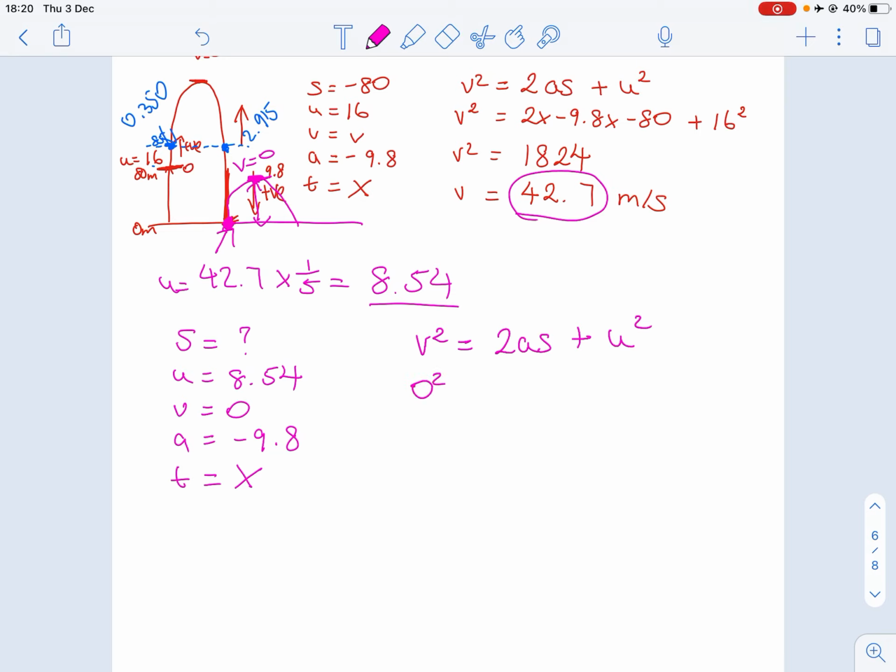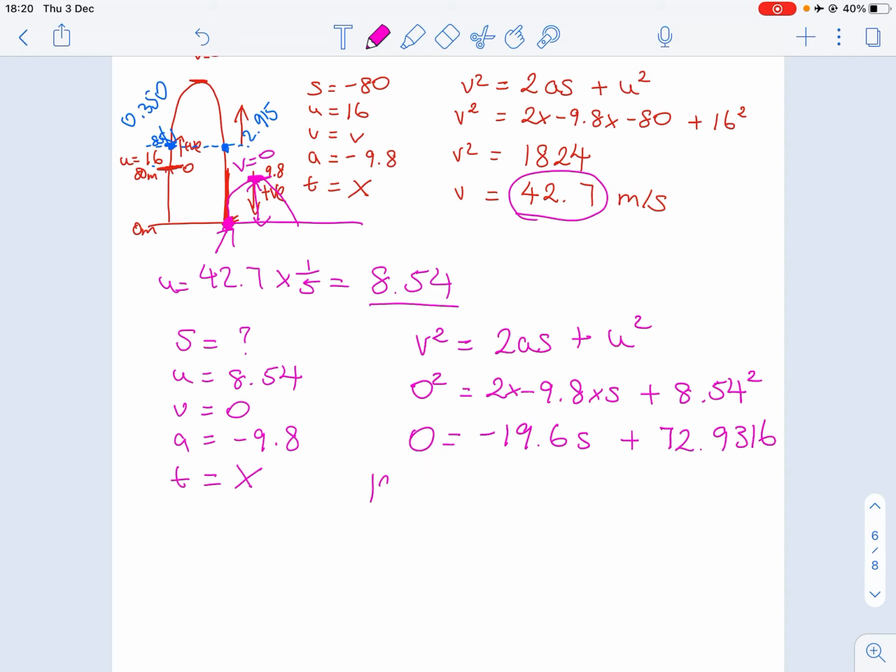Substitute our values: v squared is 0, 2 times minus 9.8 times s, plus u, which is 8.54 squared. So 2 times 9.8 is minus 19.6 s, plus 8.54 squared, which is 72.9316.